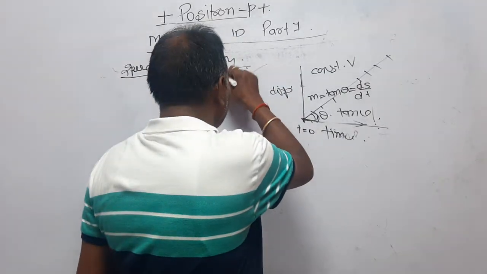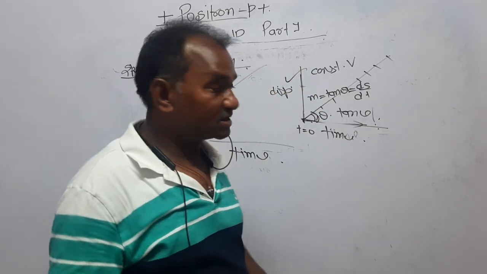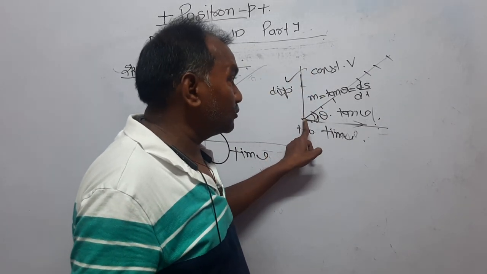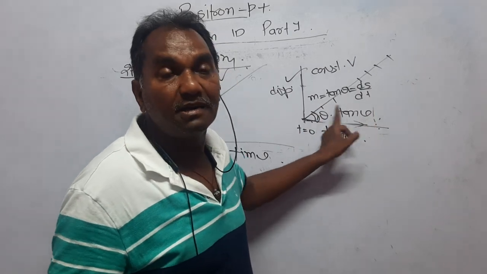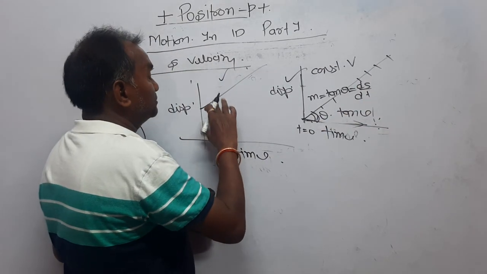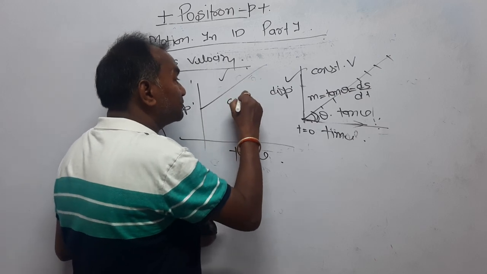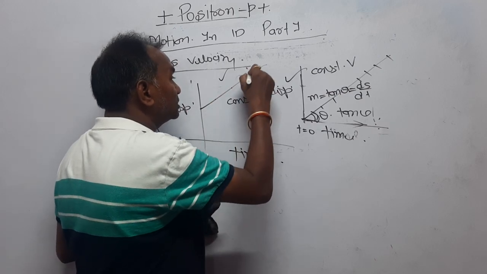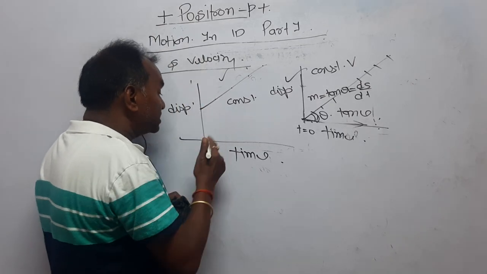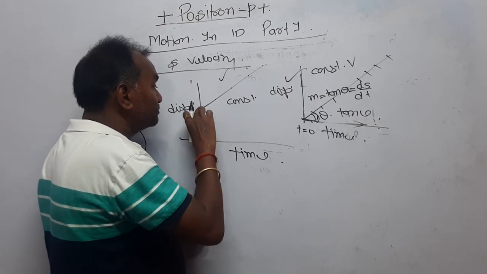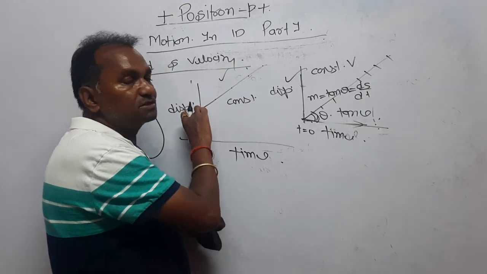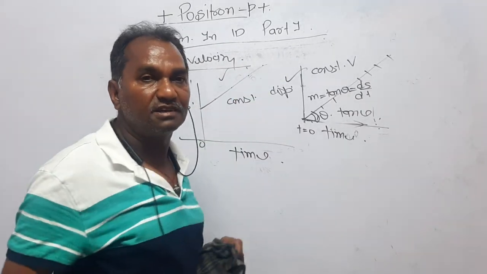Now, what is the difference between these two? Try to understand that in this case, the body begins its motion from the origin with velocity tan theta, and its velocity is a constant. Even in this case, the body moves with a constant velocity because at all these points slope is a constant, but it doesn't begin its motion from the origin; even at t equal to 0 it has some displacement from where it begins its motion.